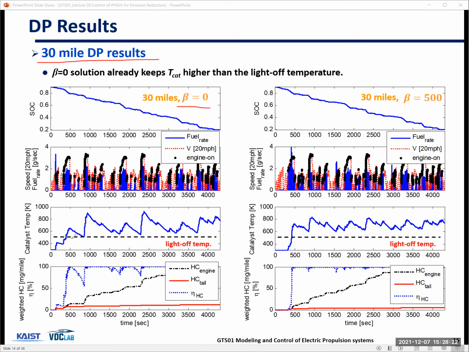But if you increase beta to 500, DP makes sure the converter temperature stays well above 600, so that conversion efficiency is always close to 100%. Here you have these areas where conversion efficiency drops. Okay.